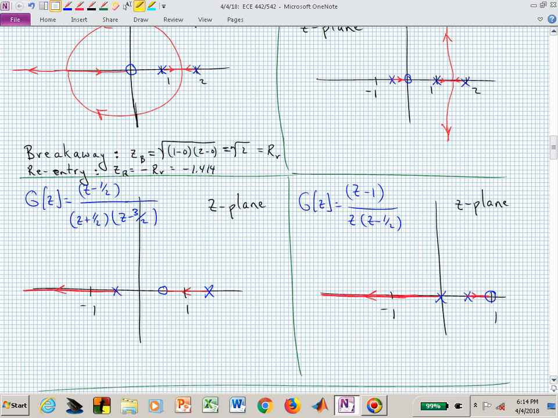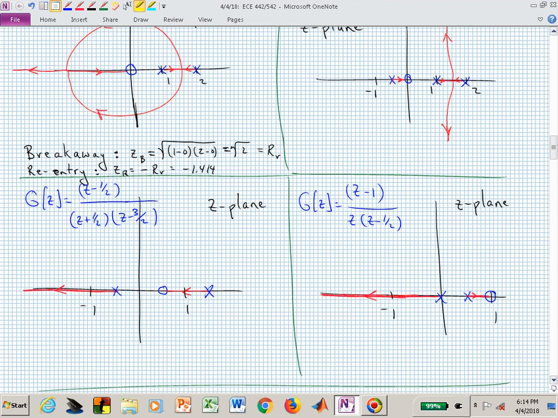Think about your bread. Get out your knife and cut your bread. How many total sections of bread do you have? 4. How many of those sections are a part of the root locus? 2.